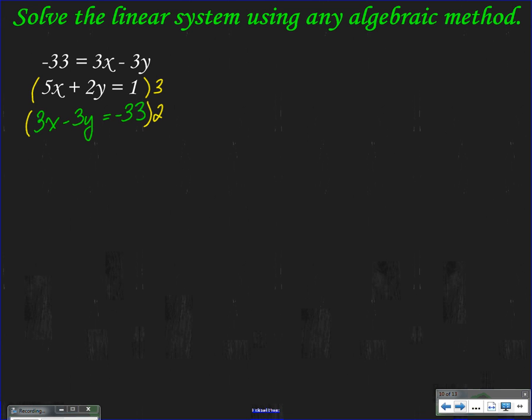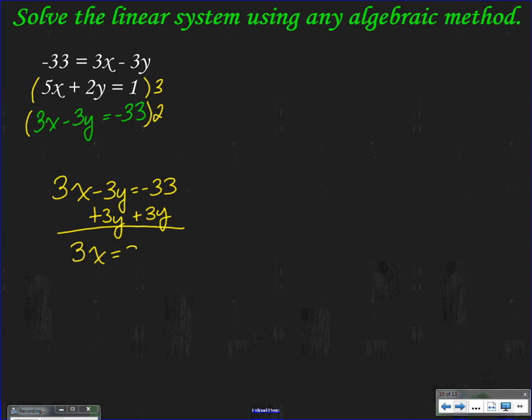So I'd have to multiply twice. I'm not sure I like that. But I did notice as I was rewriting this that 3, 3, and 33 are all multiples of each other. So I could take this equation, 3x minus 3y equals negative 33, and solve for x, and use the substitution method. And I think that's what I want to do.